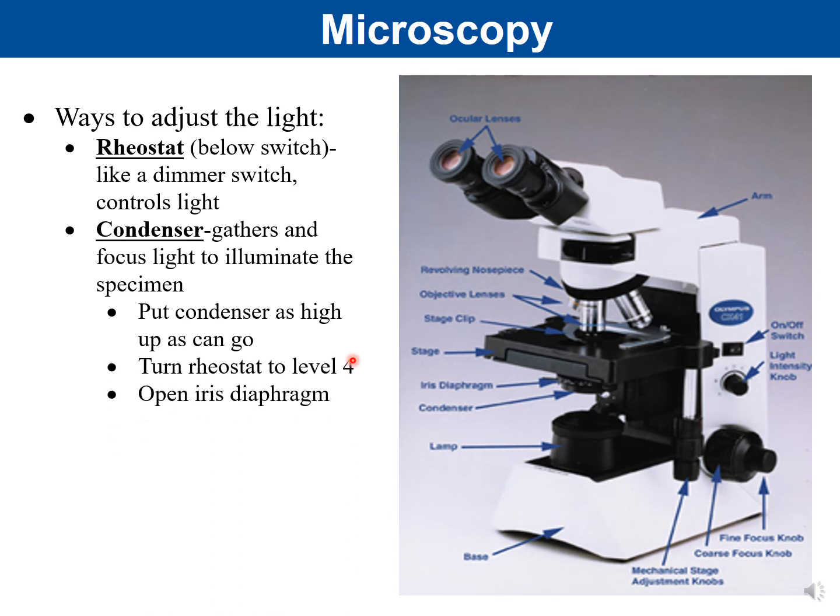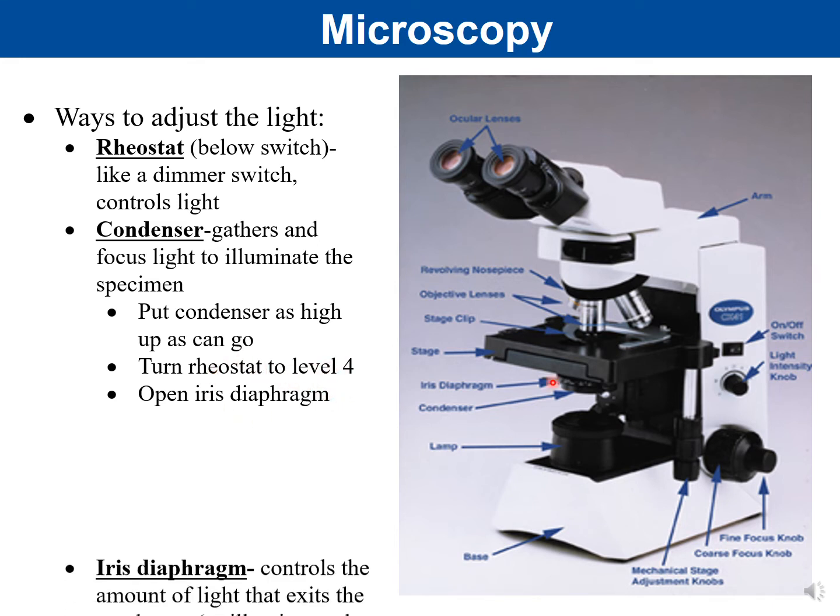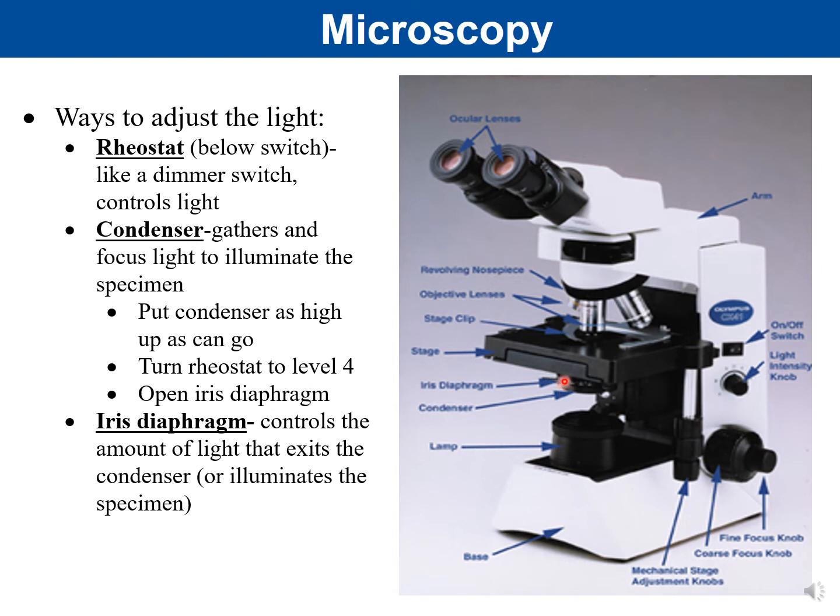So typically we start with the rheostat at a level 4, which I've already talked about, and we would also open the iris diaphragm. Now, what is the iris diaphragm? Well, on this condenser, there's a little lever, and that little lever controls the amount of light that exits the condenser. So the condenser's job is to condense the light.